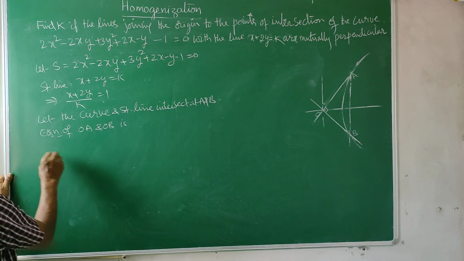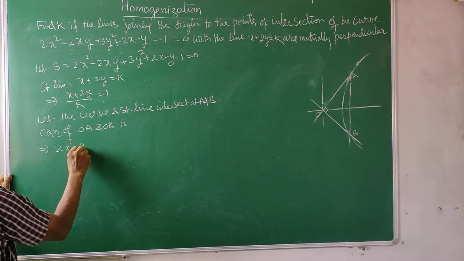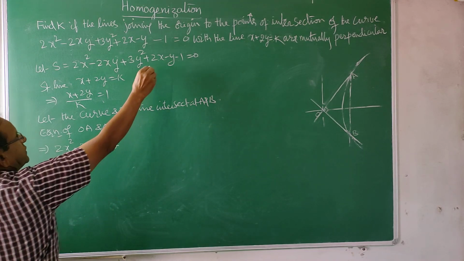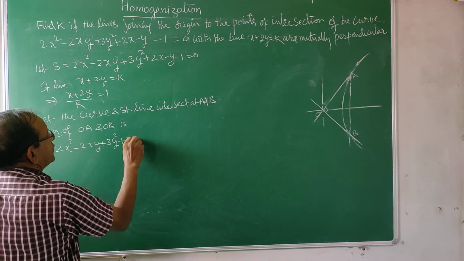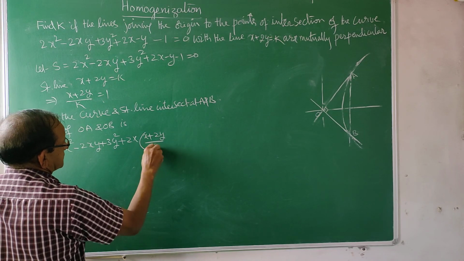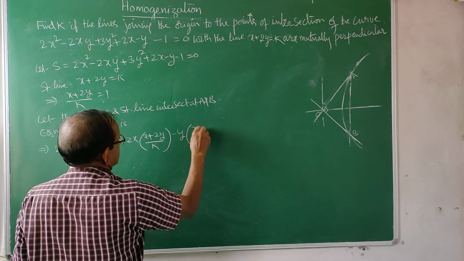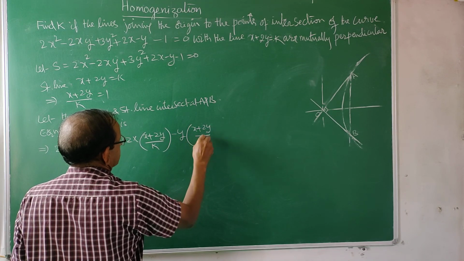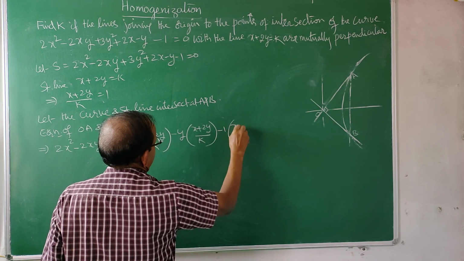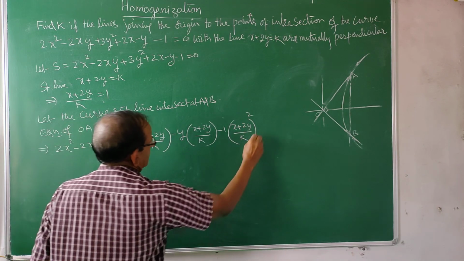That implies 2x square minus 2xy plus 3y square plus 2x into 1, 1 means (x plus 2y) by k, minus y into 1, again (x plus 2y) by k, minus 1 into 1 square, ((x plus 2y) by k) whole square is equal to 0.